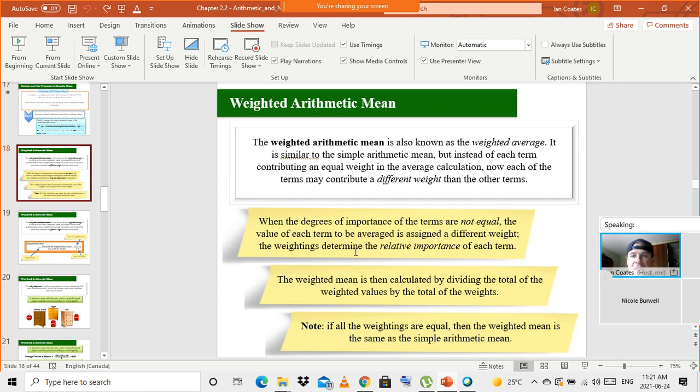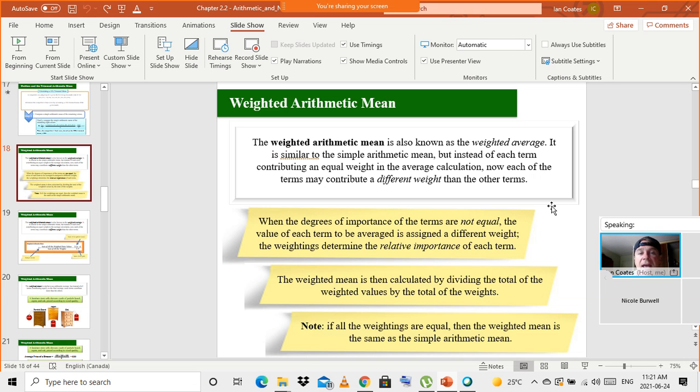Now this one here, the weighted mean, is near and dear to your heart because of your Blackboard grades. I don't normally start a weighted mean column in my Blackboard classes until probably about week 8.